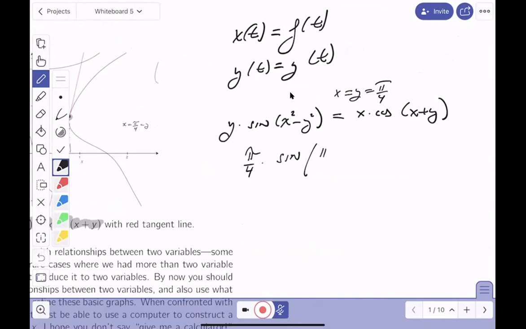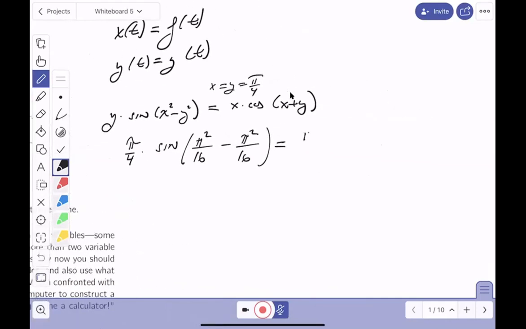That's going to be pi squared over 16 minus pi squared over 16 equals, what's x? Pi over 4 cosine of pi over 4 plus pi over 4. Gee, this doesn't look good.